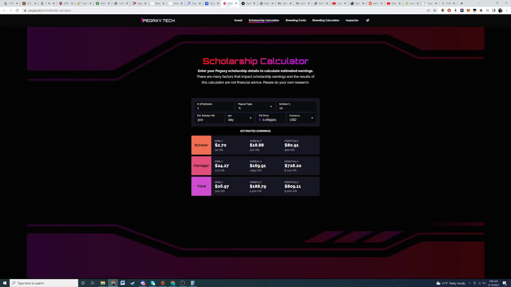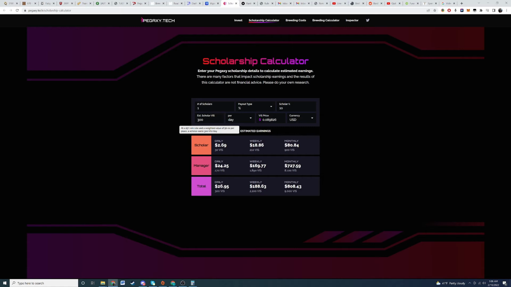The final thing I wanted to show you was a scholarship calculator. This can help figure out what you're actually going to be earning if you are able to get a profit sharing contract with someone, stuff like that. So the 300 Scholar VIS per day is at an average 25% win rate and a weighted value of 50 VIS per place.